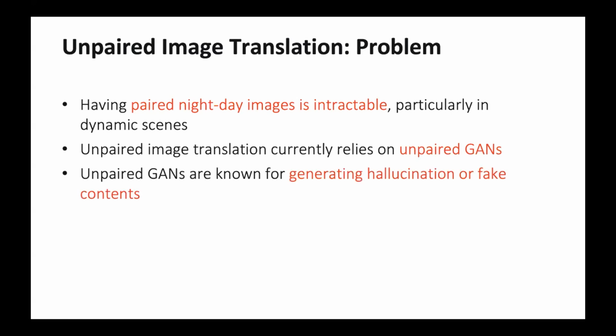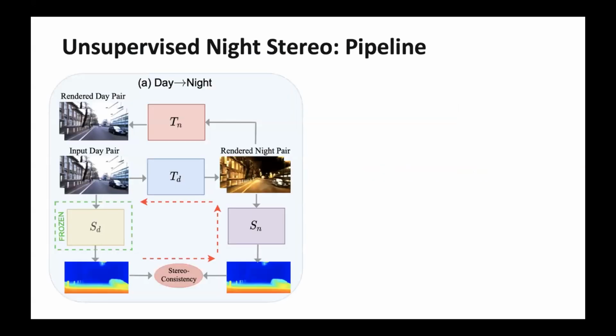And we know that unpaired GANs generate hallucination or fake content. And this fake content is bad for high-level or mid-level vision. So this is the main problem of unpaired GANs, and this is the problem that we want to tackle in this work. Not entirely, because it's still an open problem, but we make an attempt here.